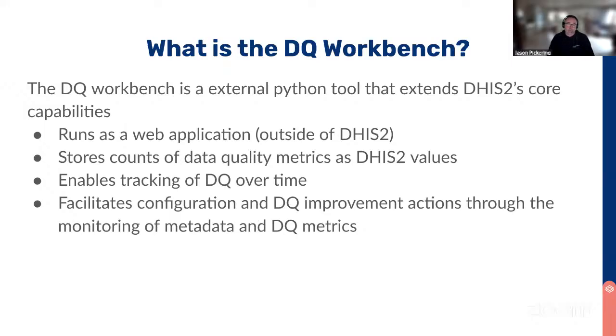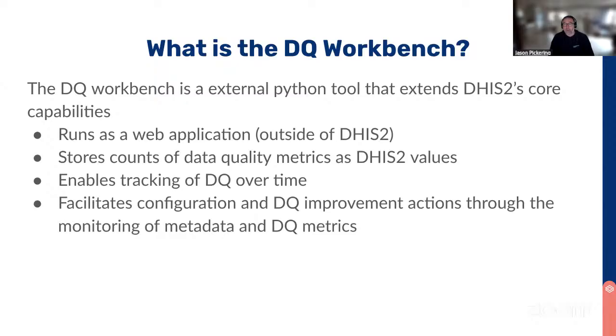So if one facility has 10 validation rule violations and another facility has 0, that can give you a kind of qualitative feel of the problem. In one facility that has 10, which is maybe not great, and another facility that has 0, that's ideally what you're looking for. So it's really just a sort of arbitrary count, right? Where higher numbers are worse and lower numbers are better.